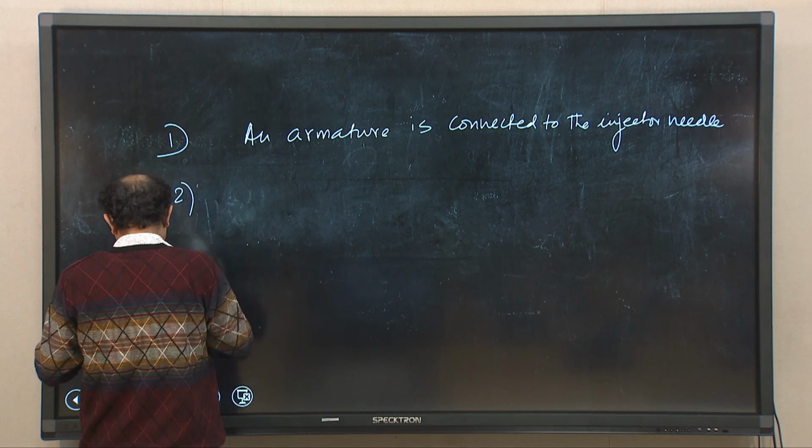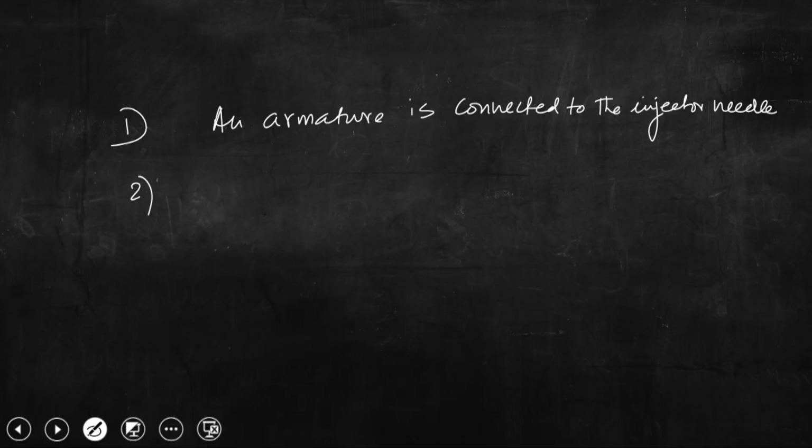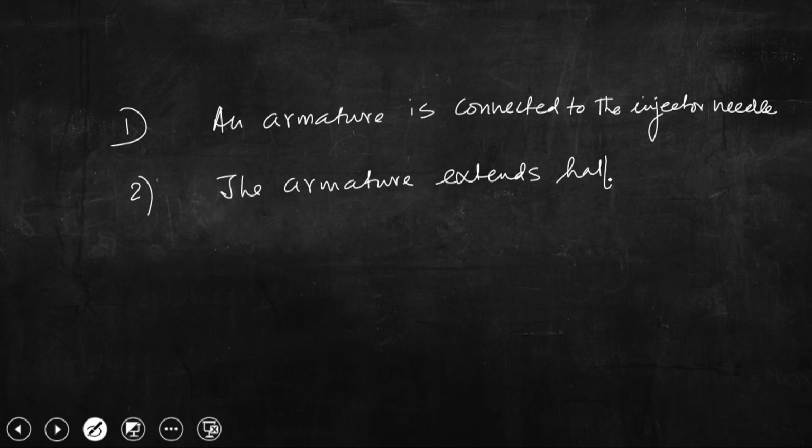Then number 2, the armature extends halfway into the coil. The inductance of that particular coil should be recorded.